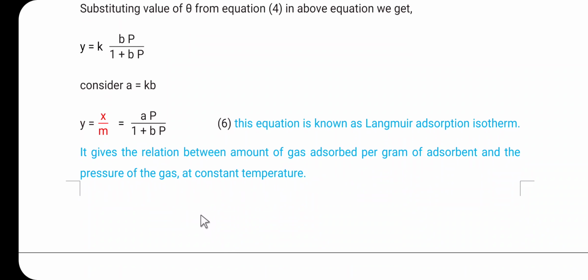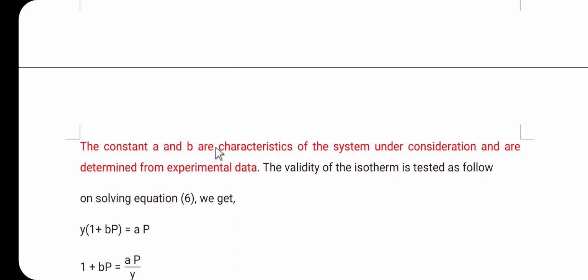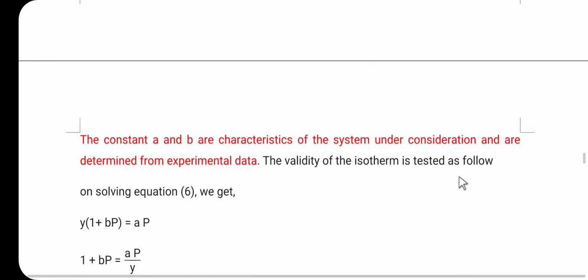The constants A and B in equation 6 are characteristics of the system under consideration and are determined from the experimental data. If we have the experimental data, we can determine the values of the constants A and B. The validity of the adsorption isotherm is tested as follows.